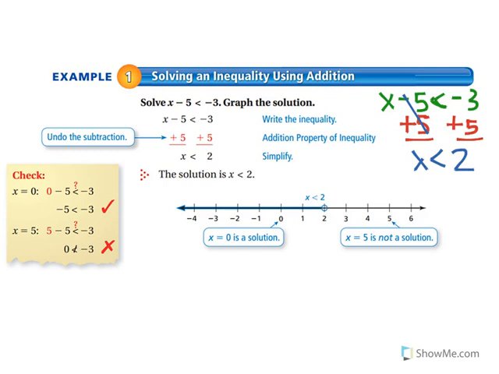Now, the way I graph it, since it's less than, I use an open circle. And since it's less than and the x is on the left-hand side, the arrow is going to go to the left. So if we look over here, you'll notice that it's going to the left and it's an open circle. That's basically all you have to do.